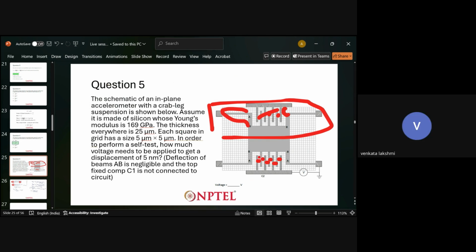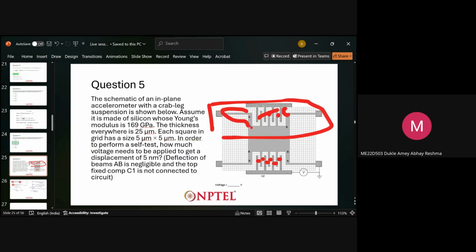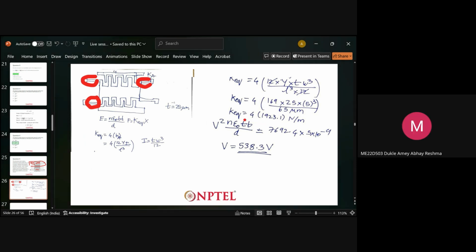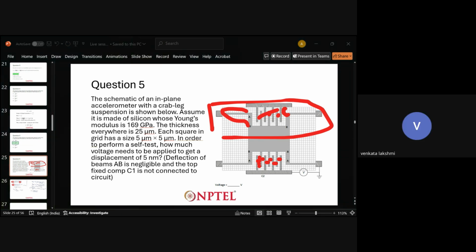Sir, d here obviously is B, how much is the B, sir? Just a second. So d is 5 micrometer. D is five, as you can see, sir. Yeah. So t is basically, you have to count the number of squares. So you have to calculate like 1 2 3 4 5, so that is 20.